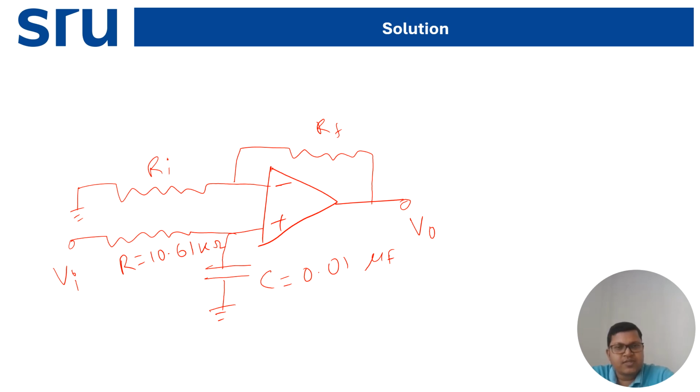So we understood that there are three parameters we require: one is cutoff frequency, one is resistance R, another is capacitance C. If any two are given, we can easily find the third one.